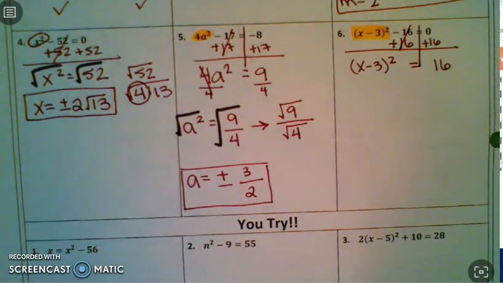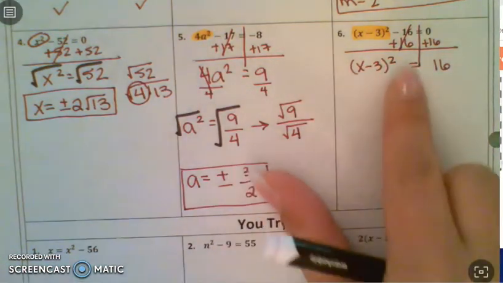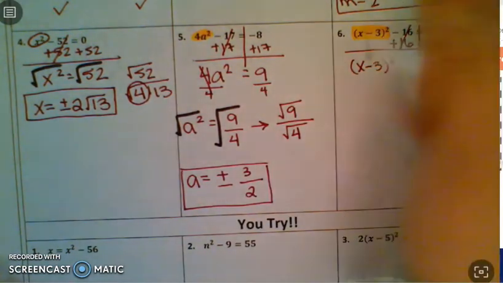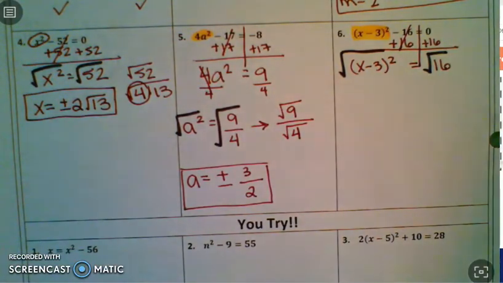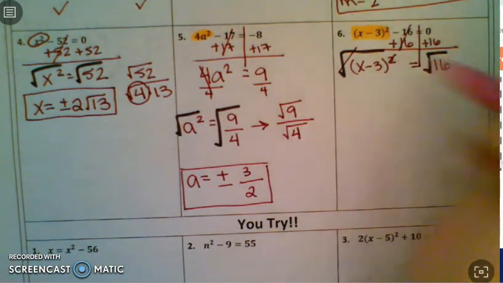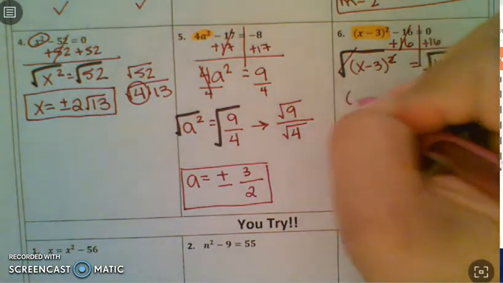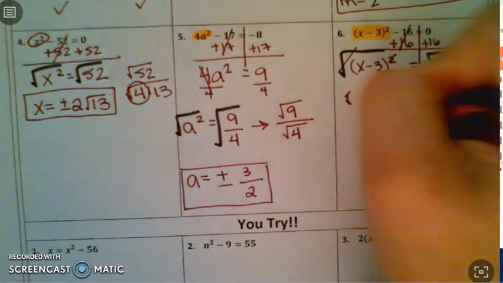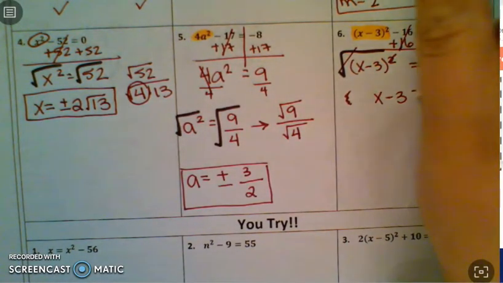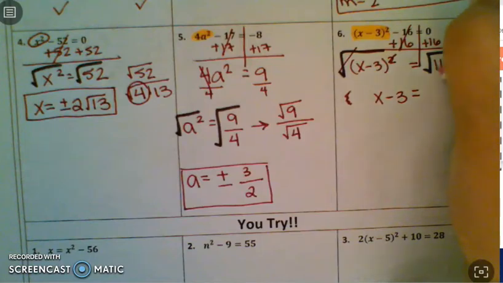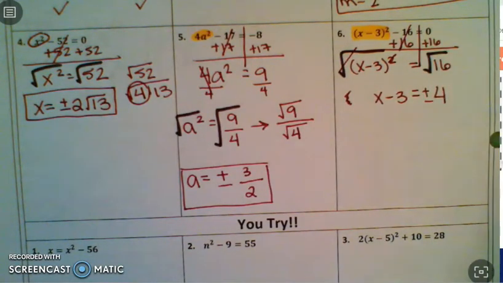Okay, now the whole squared piece is by itself. There's nothing out front and nothing behind it. So right here is where I'm going to take the square root of both sides. The square root and the squared goes away. So you're left with x minus 3 equals, the square root of 16 is 4, but it's plus or minus 4.